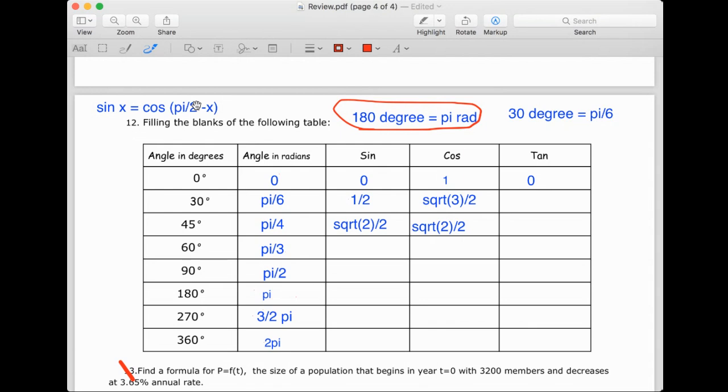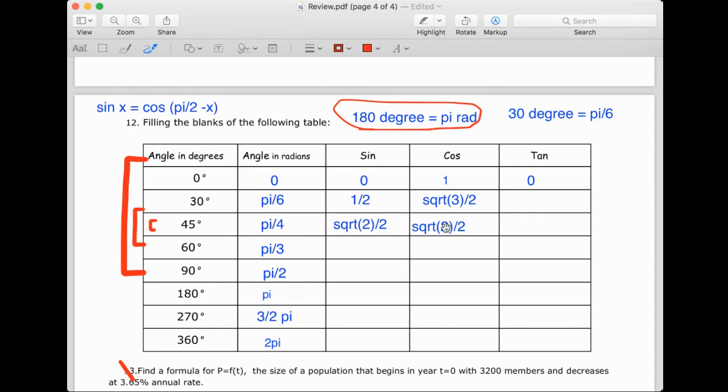So when two angles add up to be pi over 2 or 90 degree, they are complementary angles. So 0 and 90 are complementary angles. And 30 and 60 are complementary angles. 45 is complementary with itself.